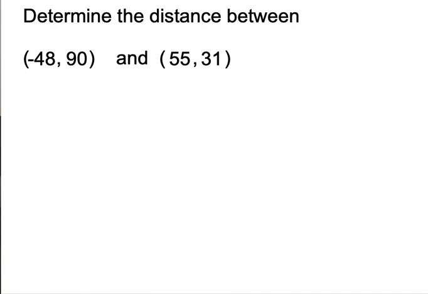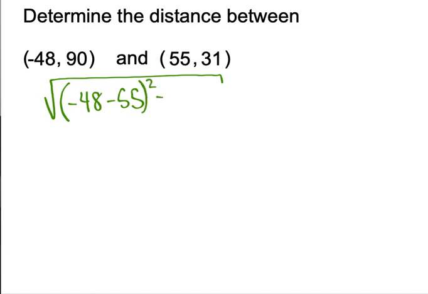Now, because we have access to a calculator, the calculations aren't really a problem. We just do what we regularly do. But I'm going to plug it into the regular distance formula. Let's do -48 minus 55 and square that. And then we'll do 90 minus 31 and square that.